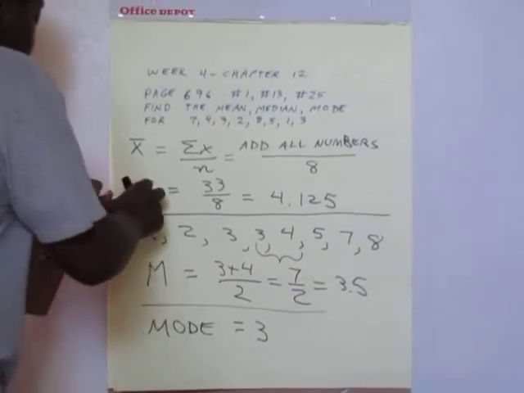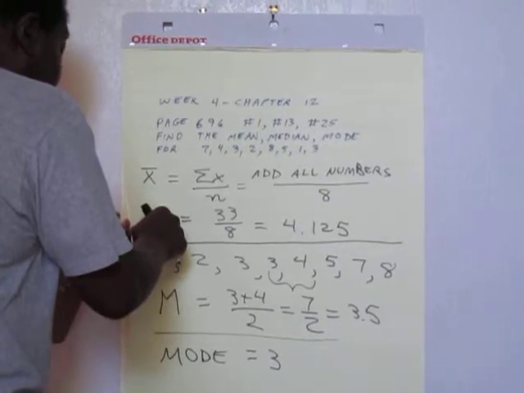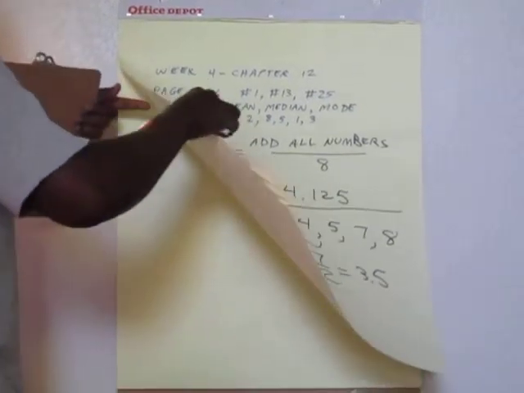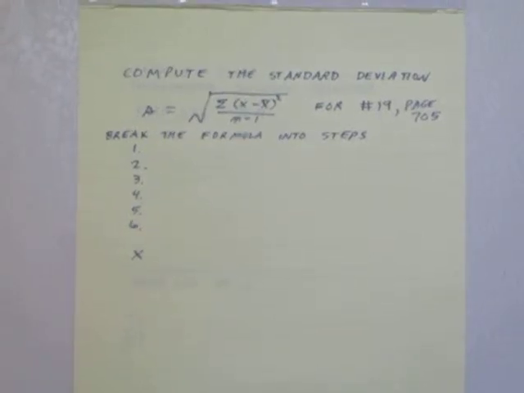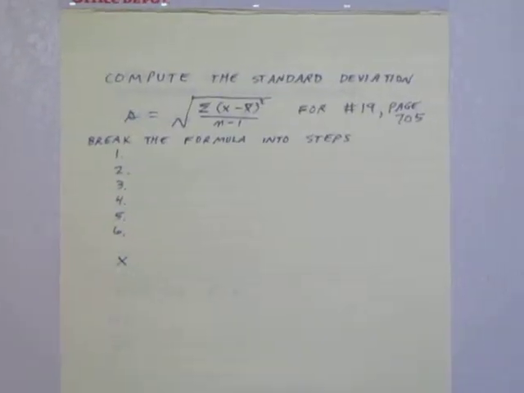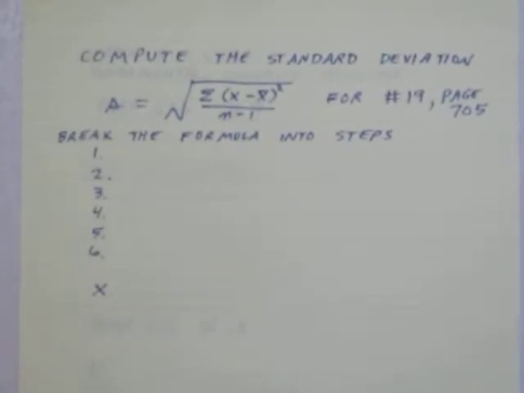Now, one more thing we're going to compute in this section, and that is the standard deviation. Let me get to that page. We're going to go to page 705 and look at problem 19.